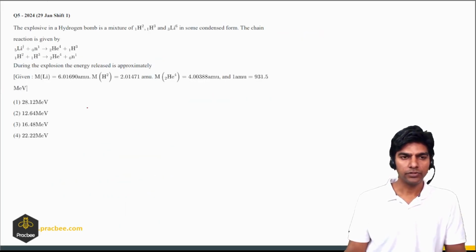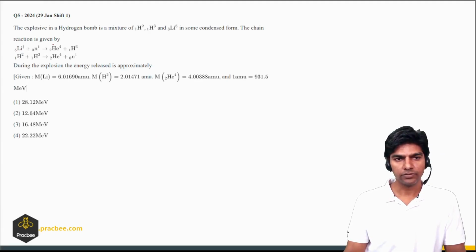Right, so let us see this illustration. The explosive in a hydrogen bomb is a mixture of deuterium, tritium, and lithium, in some condensed form. The chain reaction is given by, so we have lithium with mass number 6, then a neutron, and then we have helium and tritium.